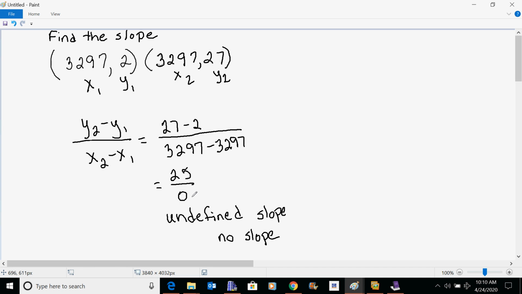And I like to give this little trick: when there's a 0 in the denominator, it's like a wheel on the bottom of the fraction. It falls over, can't have that. If we're thinking rise over run for slope, you're going up 25, but sideways not at all. That's the undefined slope, your vertical line. So let's think about it in all those terms.